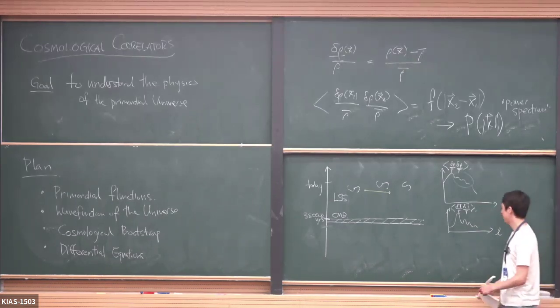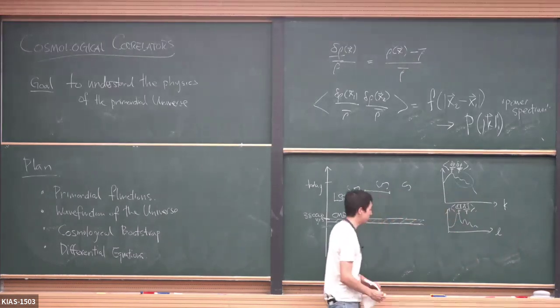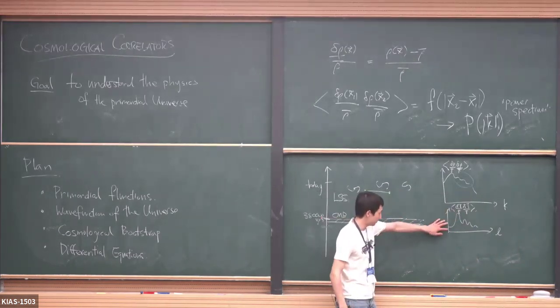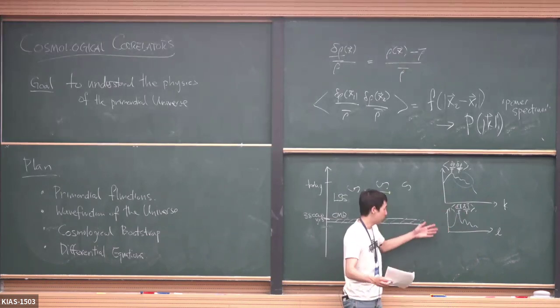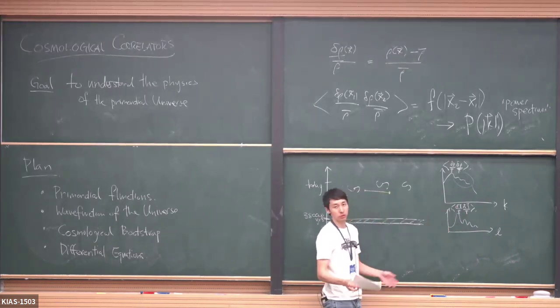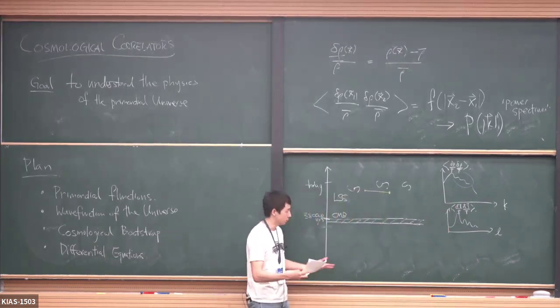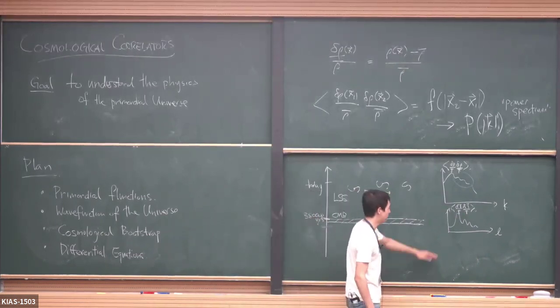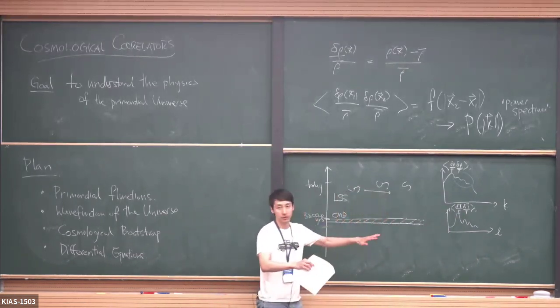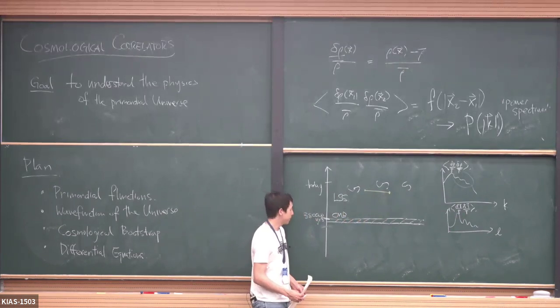The shape of these acoustic peaks tells us a lot of information about the composition of the universe involving dark matter, dark energy, the curvature of the universe, the size of the fluctuations and so on.